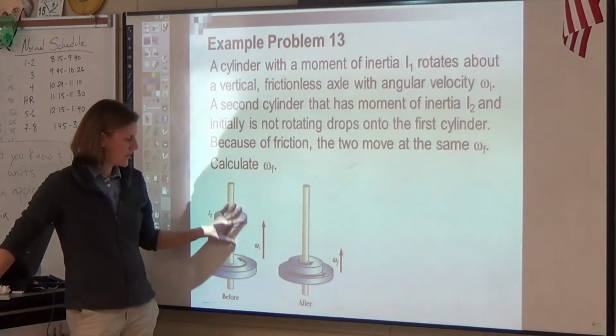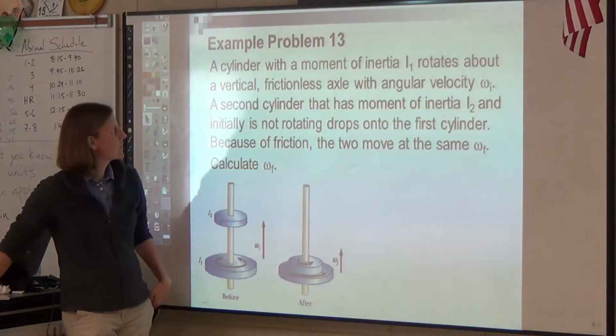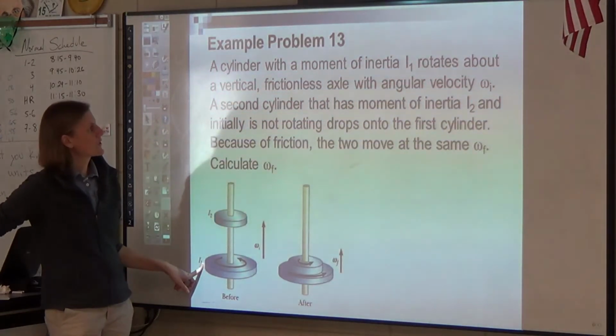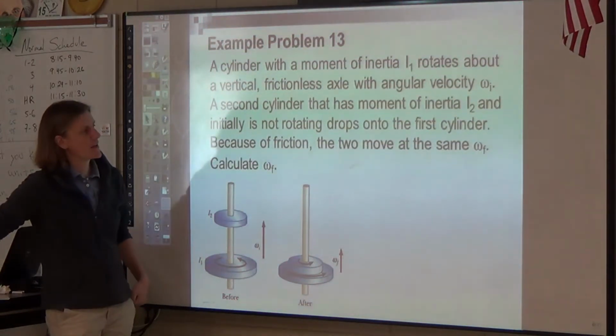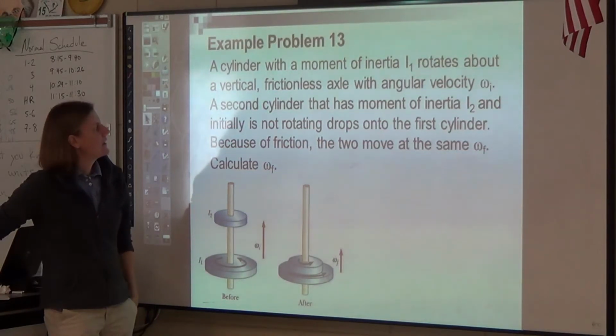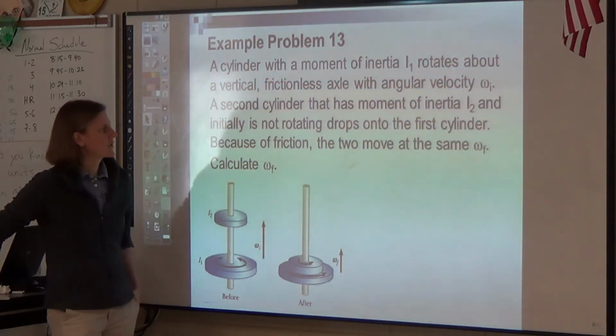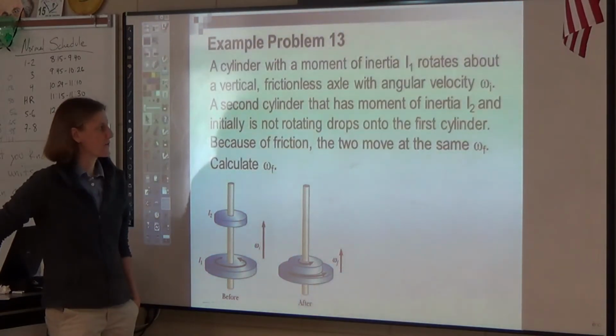Okay, so here we have these two objects rotating. A cylinder with a moment of inertia I1 rotates about a vertical frictionless axle with angular velocity omega I. A second cylinder that has a moment of inertia I2 and initially is not rotating drops onto the first cylinder.